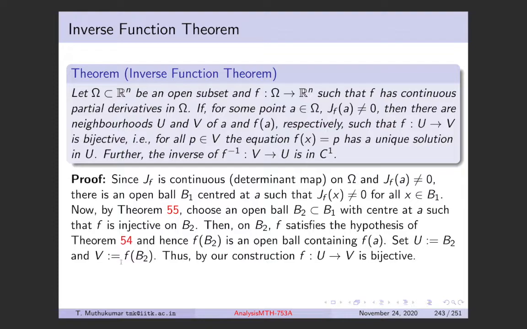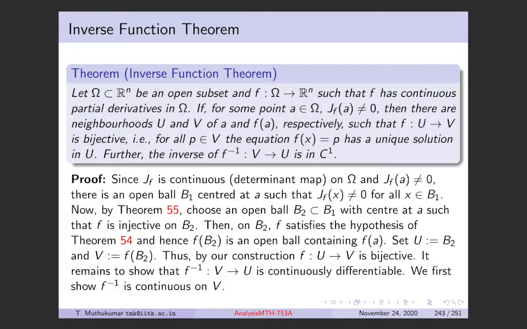Now by our construction, f is bijective, because f was already injective on B2, and we defined V as the image of B2. So f from U to V is a bijection, and f of B2 is an open ball, so this V is an open ball containing f of A. So f of A is here and A is here.